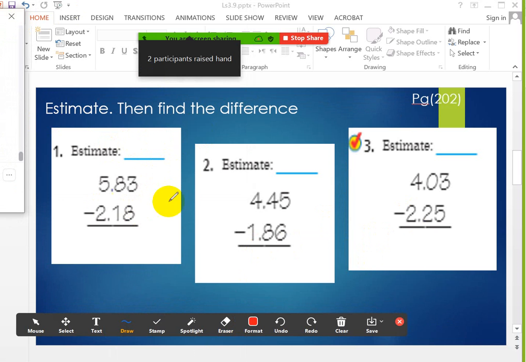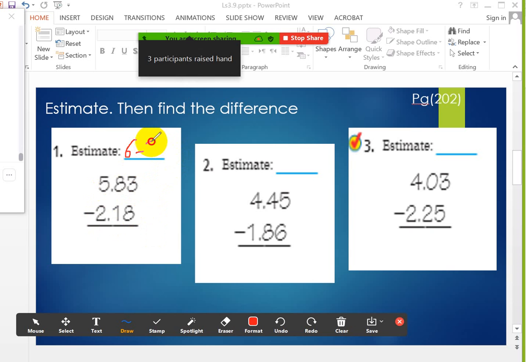So first thing, I will estimate. Girls, I will estimate only those 3 numbers, and I will not use estimation in all exercises. So remember, to estimate the answer, I have to round the numbers to the nearest whole. 5.83, if I round it to the nearest whole, it will be 6. 6 minus 2.18, it will be what?